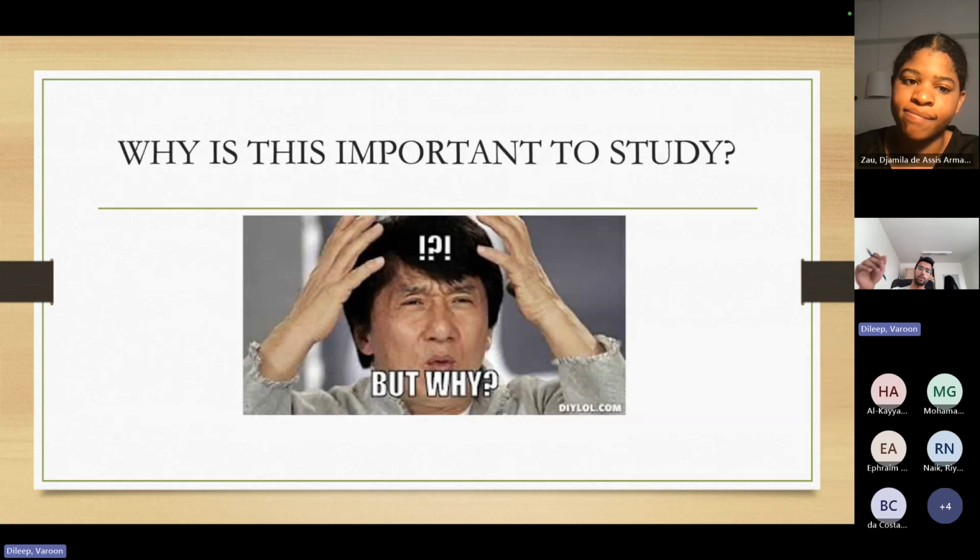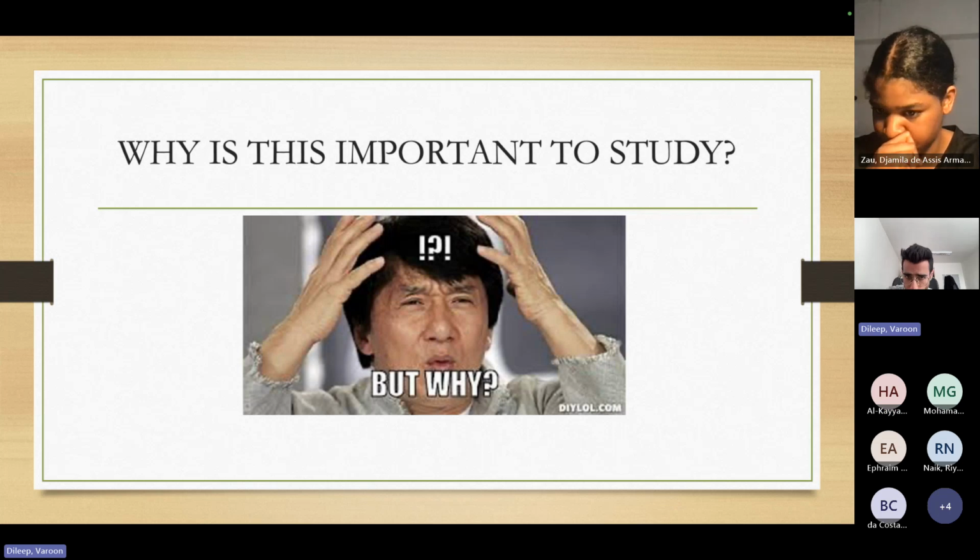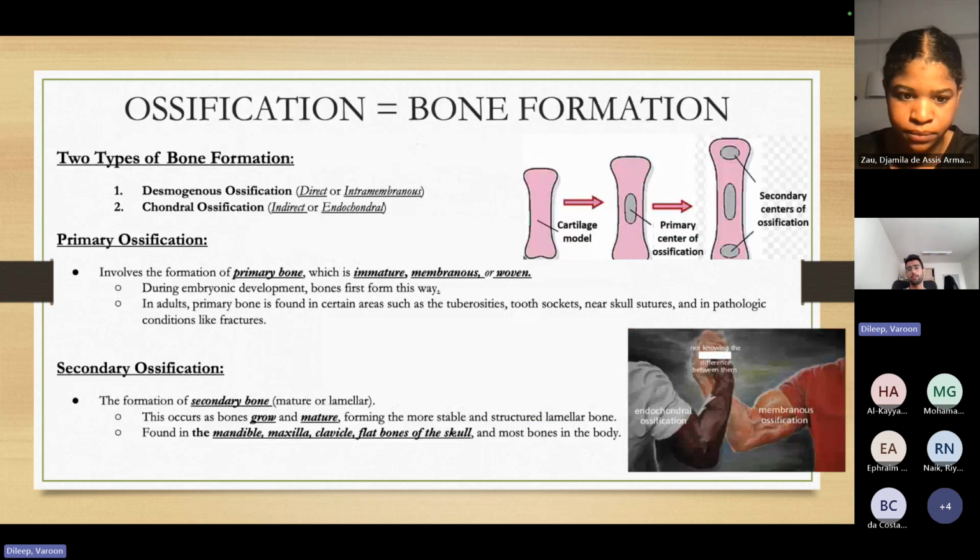Before I begin, I want to ask, what do you guys think happens to your bones as you grow from a baby to an adult? They grow. Yeah, they grow, and what happens to them? They get mineralized, so they become tougher. Yep, exactly. So, ossification is basically bone formation.